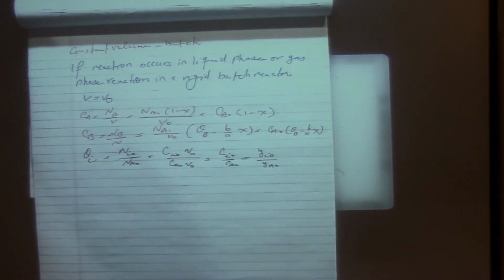Otherwise, you'd always have to say this is the conversion of A, conversion of B. Any reactant can have a conversion. Conversion is change. But we focus on the conversion of the limiting reactant, because the limiting reactant finishes faster. So whenever we say X, we mean X of A, the limiting reactant.